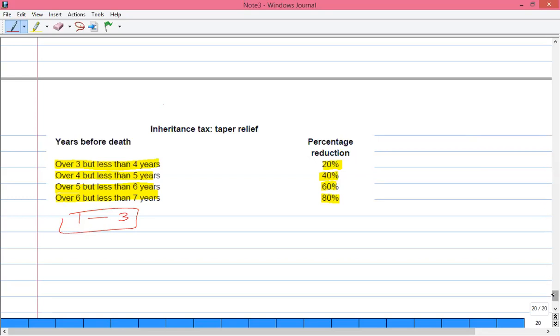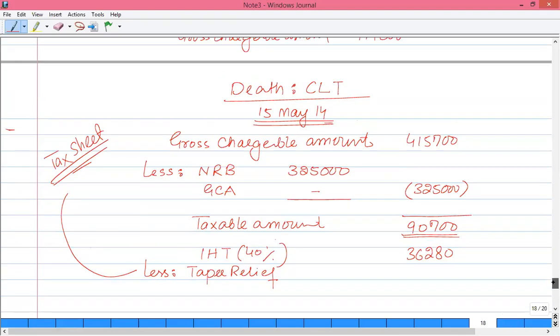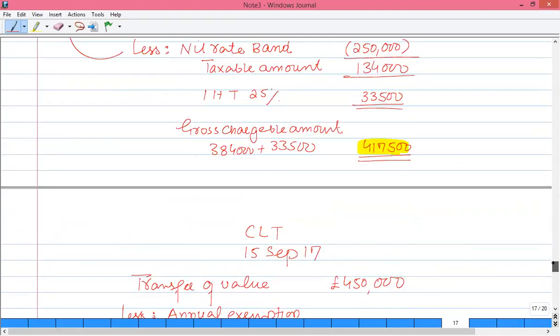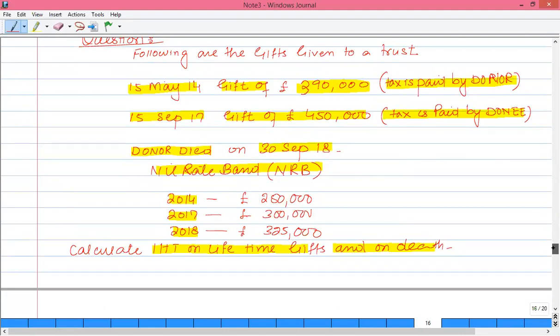From the above example, the date of transfer of the gift is 15th May 14, and the death is on 30th September 18.